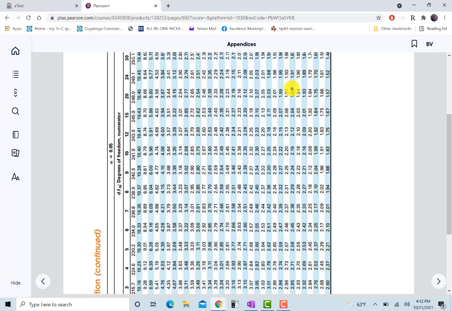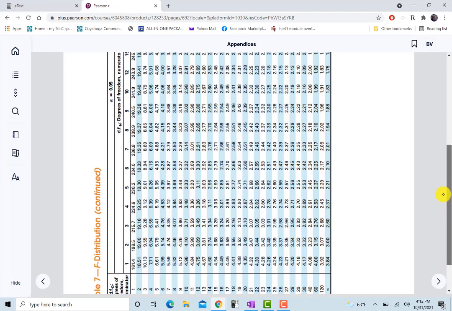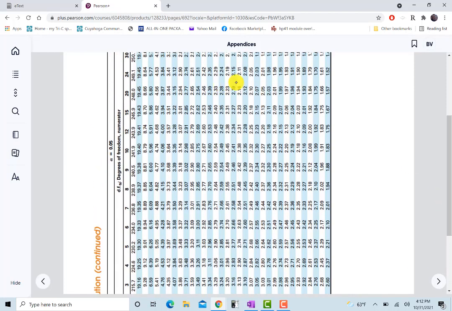I think I got it. See right here. I'm covering it up right now, but as I move off, see it? It's 1.91. That was 24 and 28. Once again, 24 and 28, 1.91.